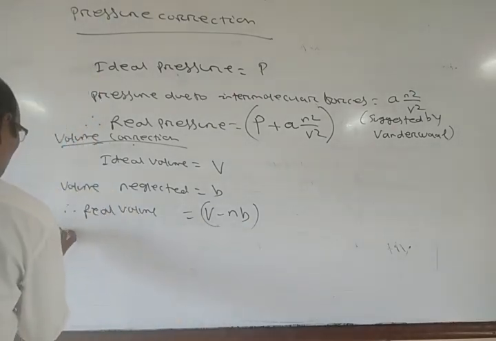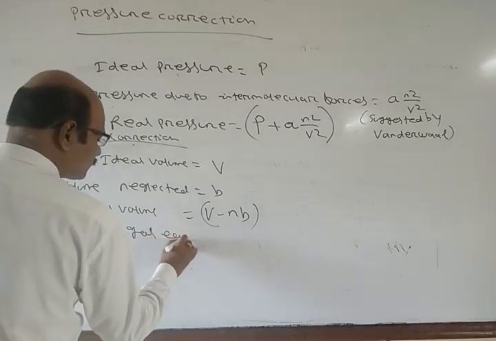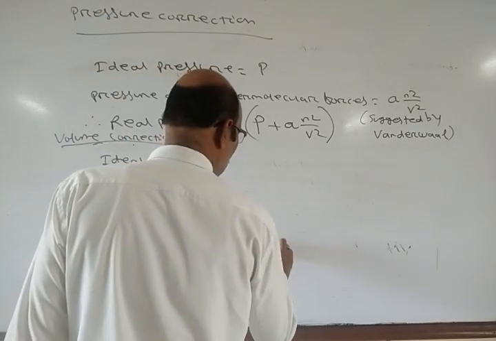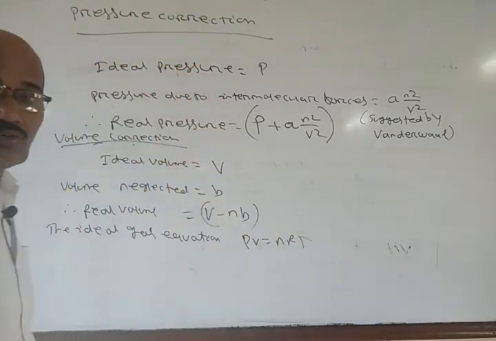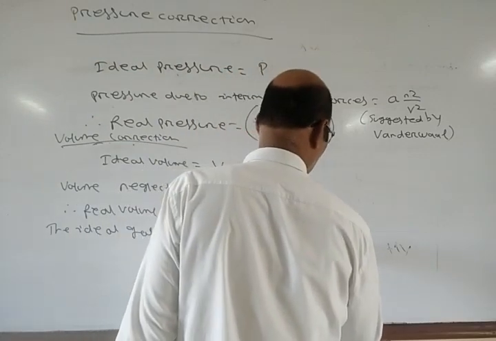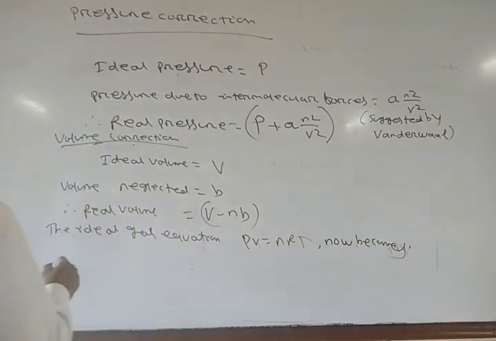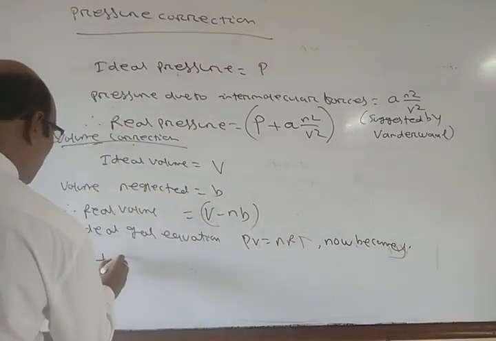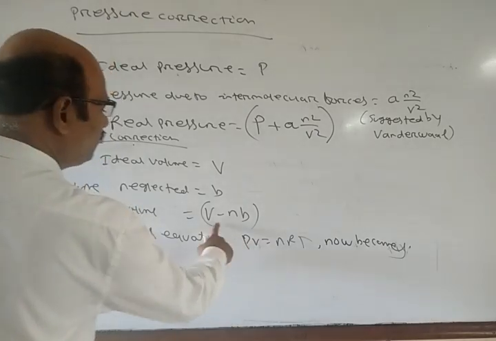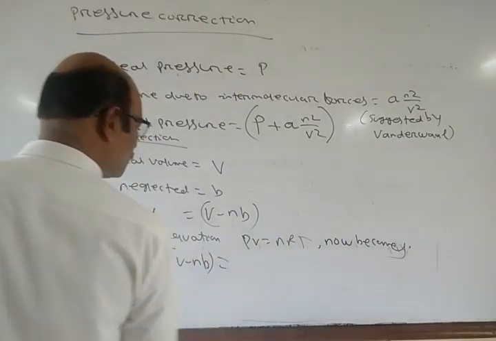So the ideal gas equation PV equals nRT now becomes: P plus a n square by V square, times V minus nb, is equal to nRT.